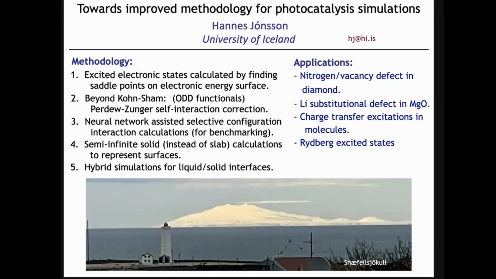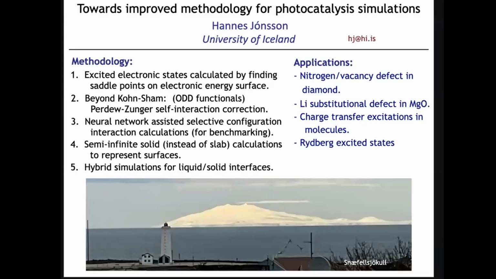Turns out we can now use those same methods with a little bit of an extension to calculate electronic excited states. It's really a surprise, but it really is an opening in terms of both understanding and technology for calculating excited states.